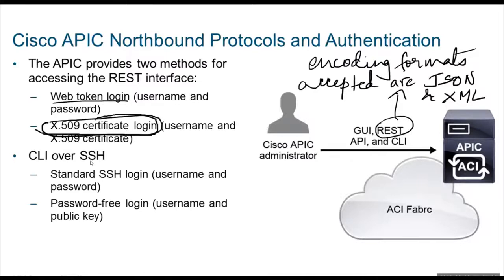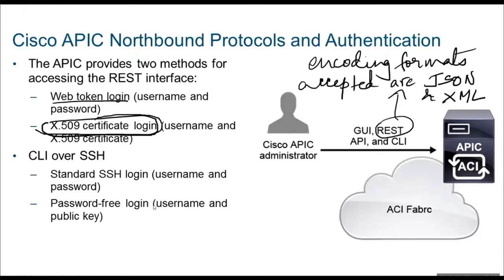The other option you have is, of course, your SSH login. By default, SSH login uses username and password, but you can go ahead, similar to how we use an X.509 certificate, and associate an SSH public key with your local user.